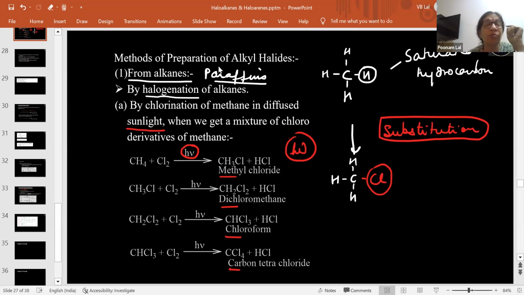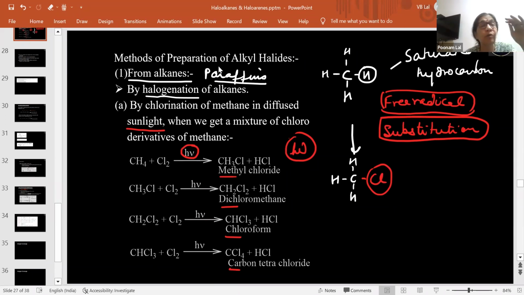If you remember from class 11, this is a free radical substitution reaction. This method by which you prepare halogen derivatives of alkanes in the presence of sunlight is known as a free radical substitution reaction. You can get mono, di, tri, tetra halogen derivatives.